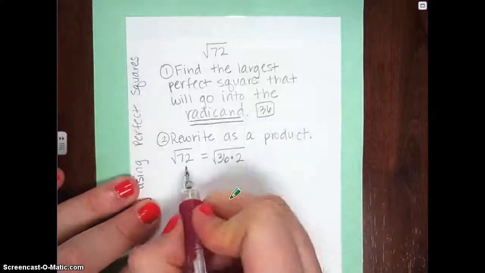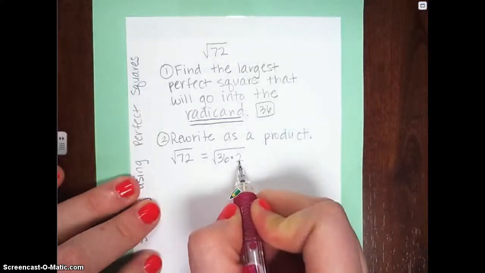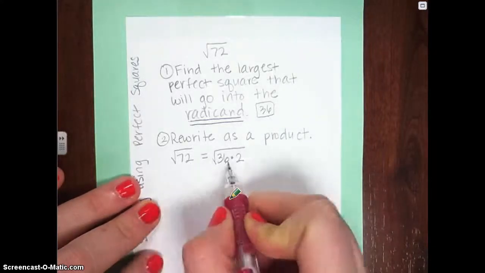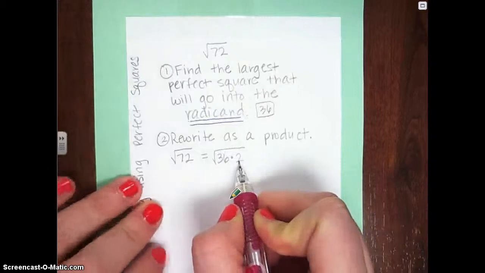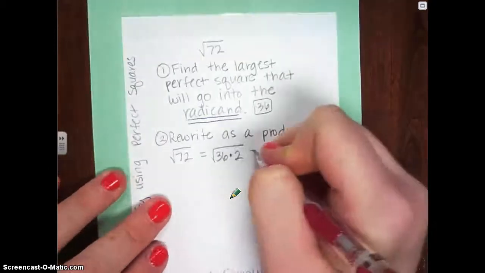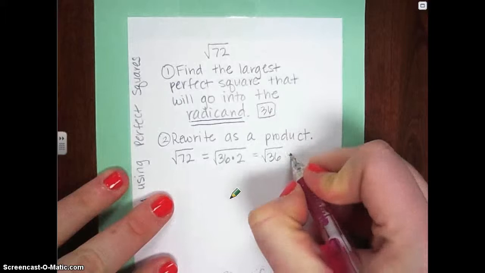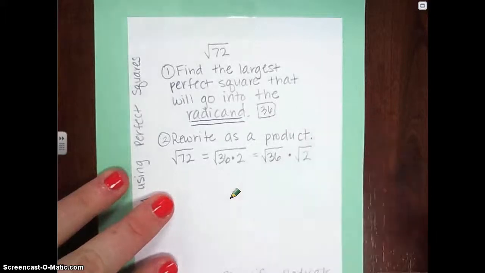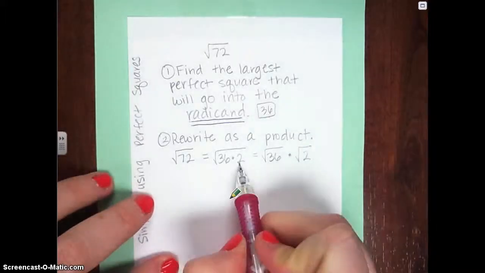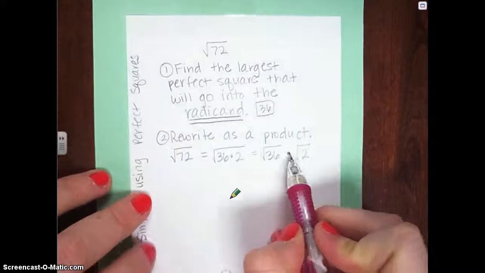So when you did 72 divided by 36, it gave you 2. So I'm just breaking up 72 into 36 times 2. And now I can split those up. So I can say square root of 36 times the square root of 2. So you're just taking this and splitting it into two radicals.